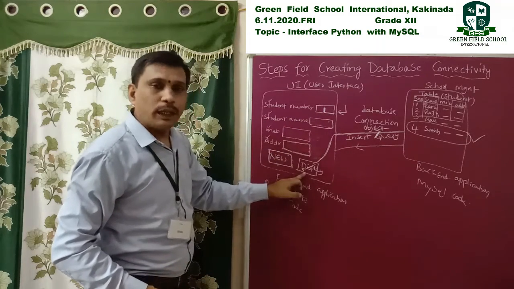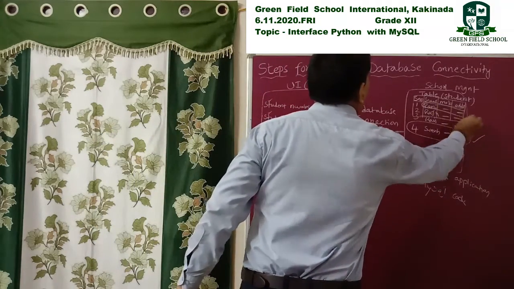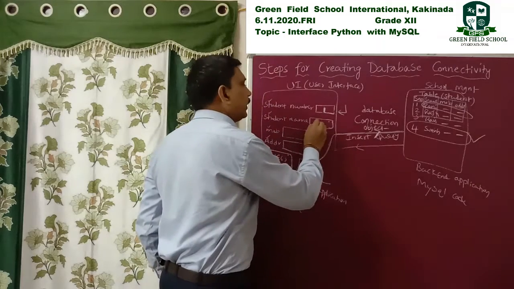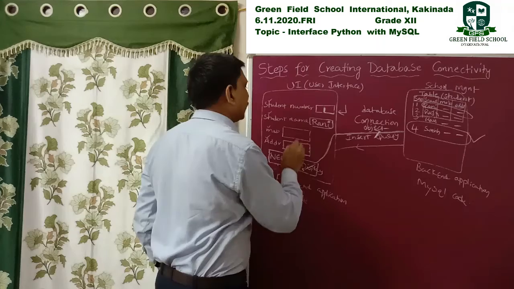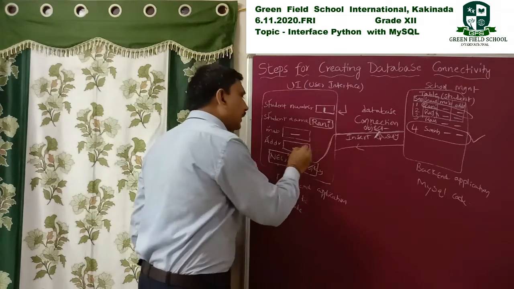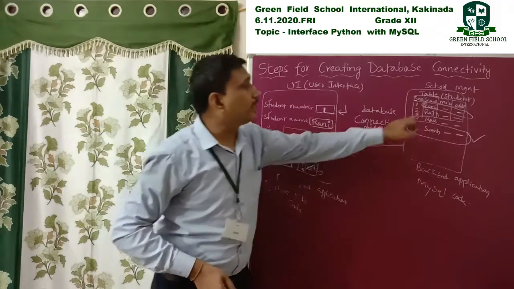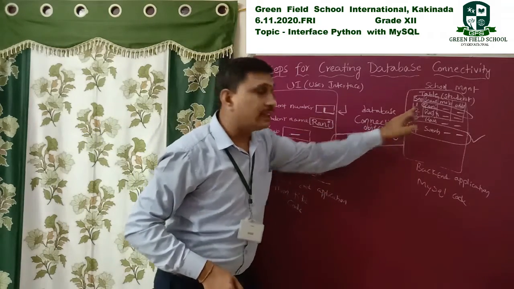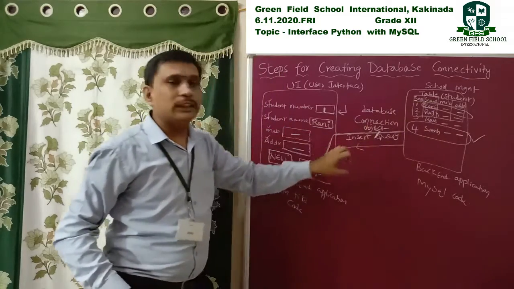After clicking display, it displays all the remaining details: student name Rani, next mobile number and address. So whatever data is contained for student number 1 is displayed here. This is fetched from these tables.